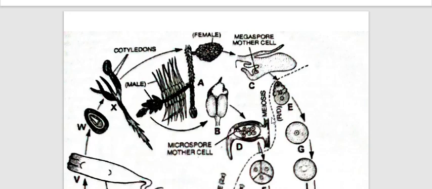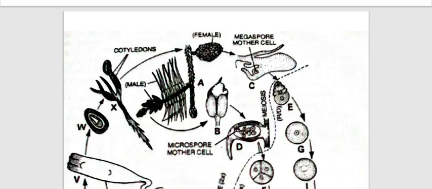Then reduction division occurs in the megaspore mother cell and in the microspore mother cells. As a result of reduction division in megaspore mother cells, 4 megaspores are produced, out of which 3 degenerate and only 1 survives, and it acts as the functional megaspore. In microspore mother cells, after reduction division, tetrads of 4 microspores are produced.